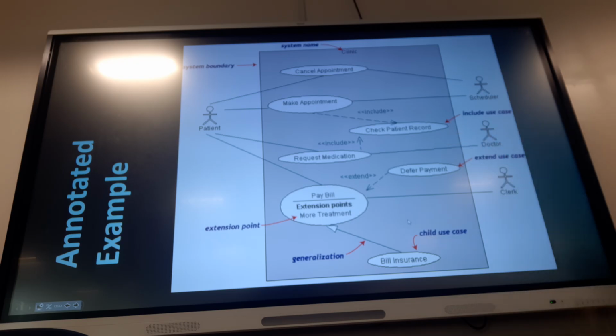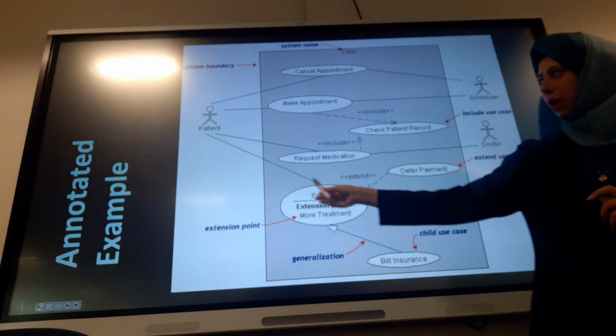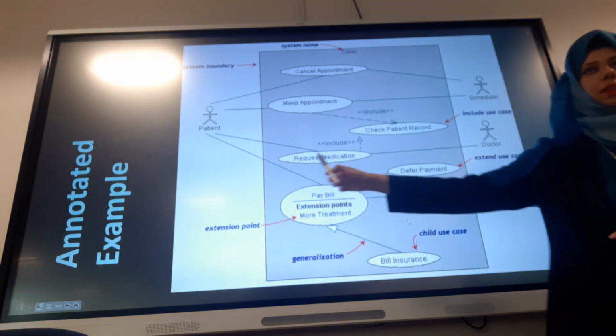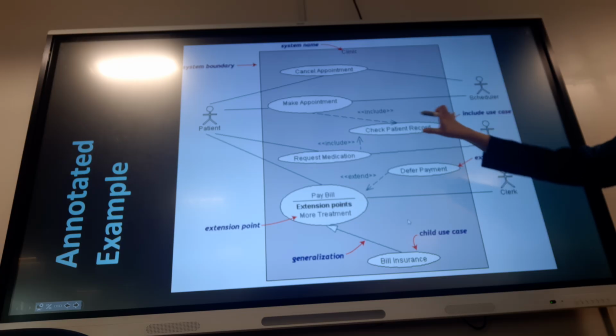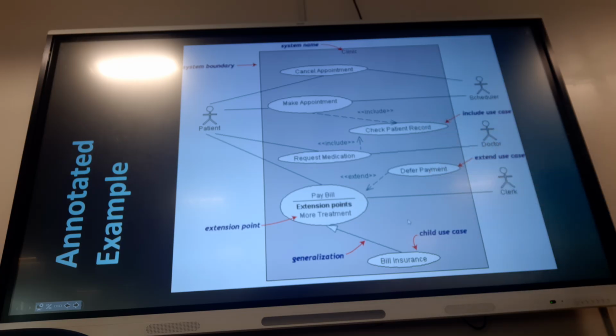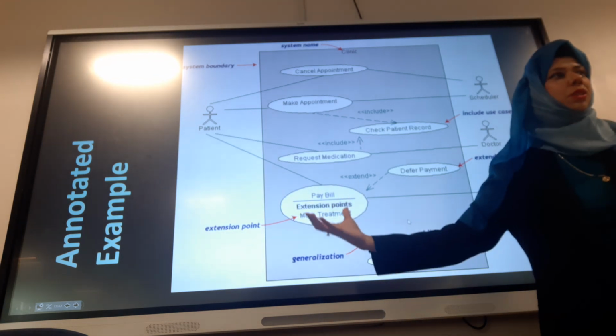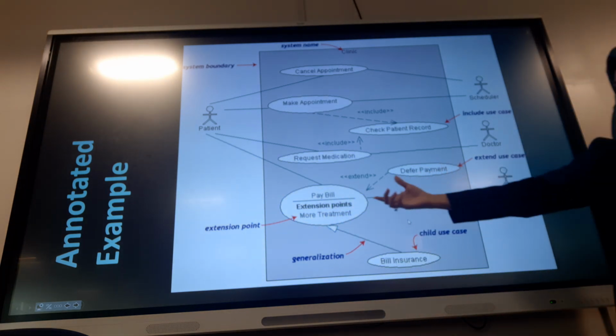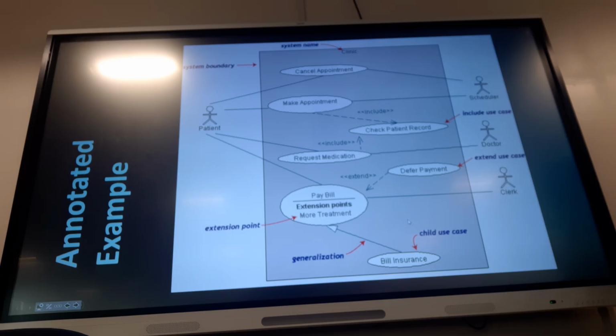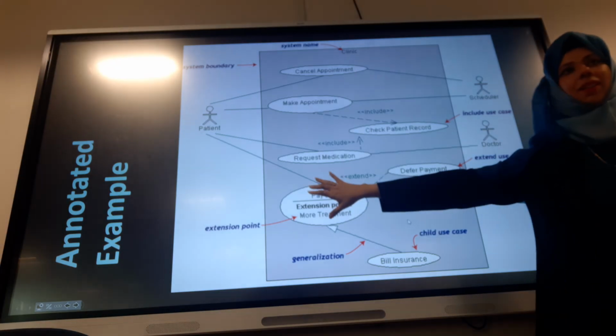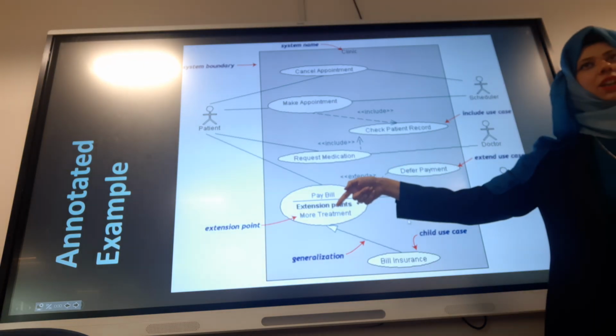Now the direction of these arrows is quite important. We said the main ones usually are straight lines, yeah? But when we use include or extend, we need to use an arrow. And usually it points towards the whole, the main use case, okay? So look at these two. Which one is the most important? Paying the bill or deferring the bill? So this one is the main, so it points towards it, right?